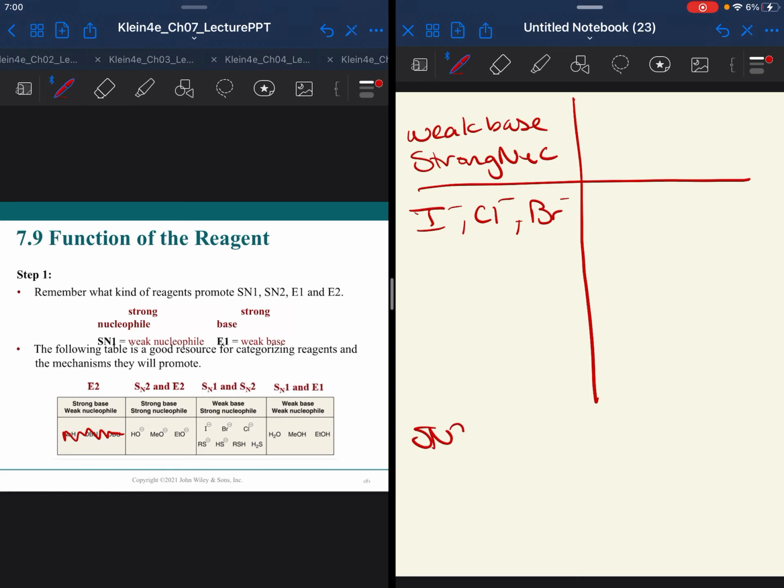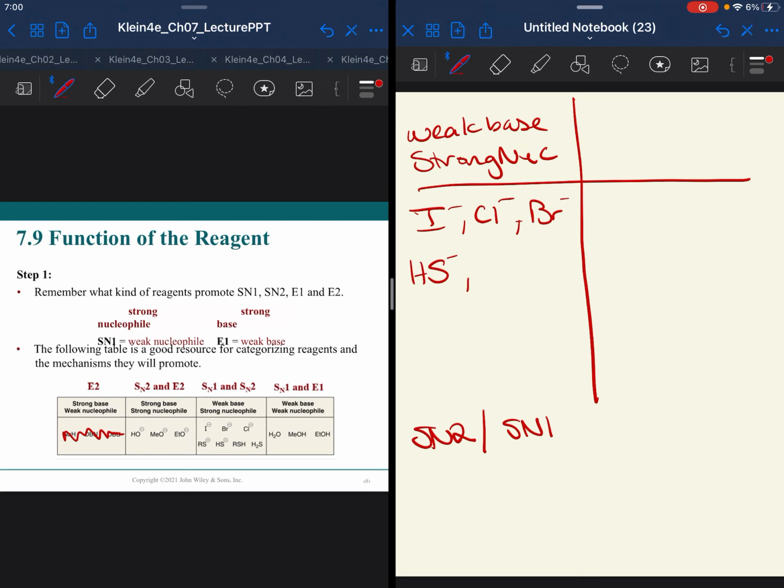Almost exclusively SN2, but there is going to be an example of SN1, and we will talk about that in a few minutes. But it's going to be a substitution. Other reagents that fall into this category are our sulfur reagents.